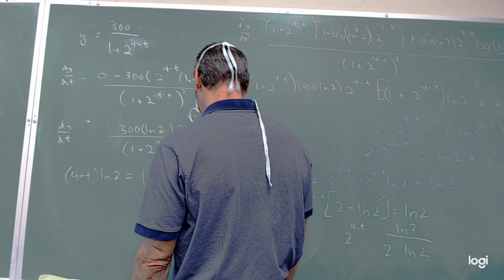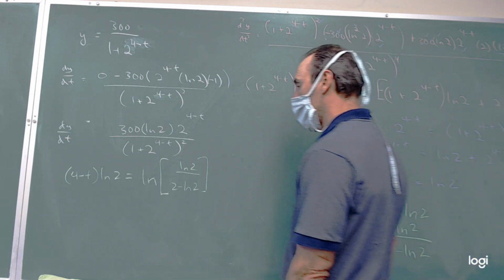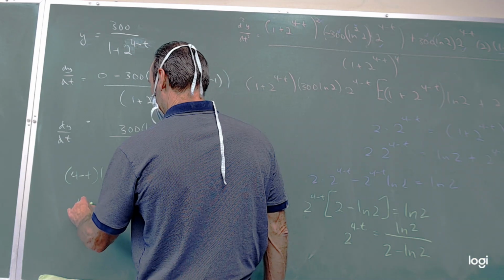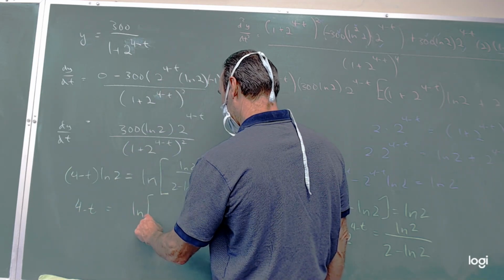We're not supposed to get a nice answer here, are we? I mean, we're not going to get like 1 or 3 or something, are we? Going to divide by natural log 2. I think there's better examples than this.